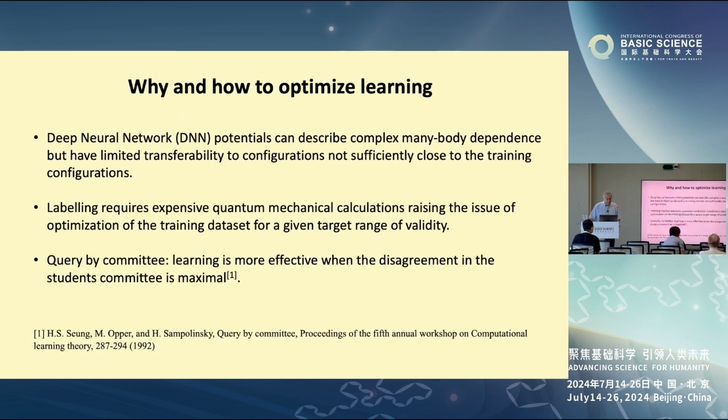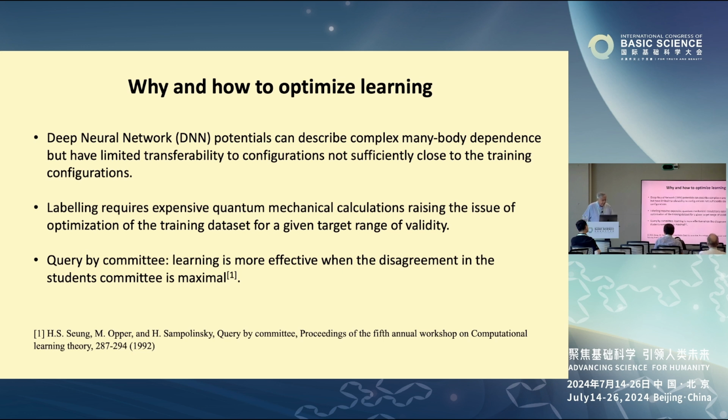However, the machine learning still relies on the density functional theory calculation, because the parameters of the neural network have to be learned by labeling configurations with density functional theory calculation.